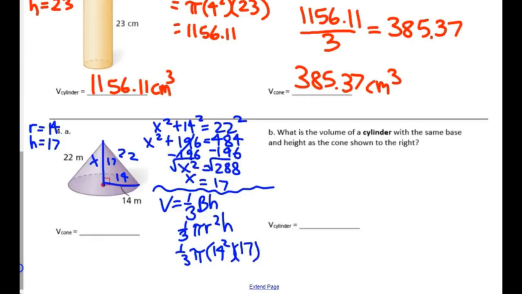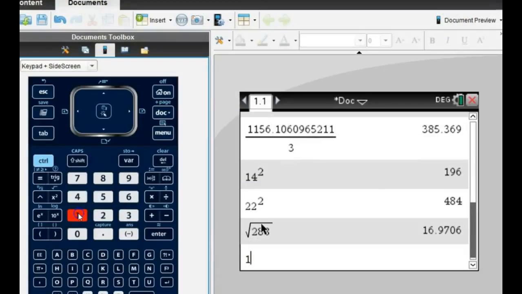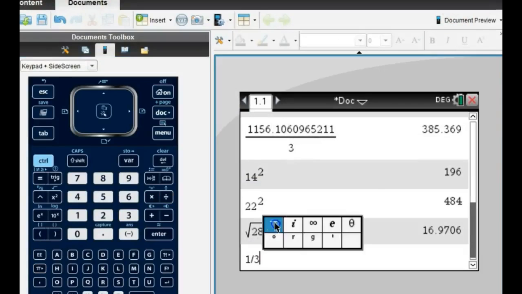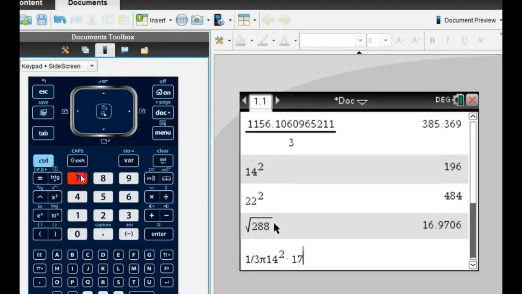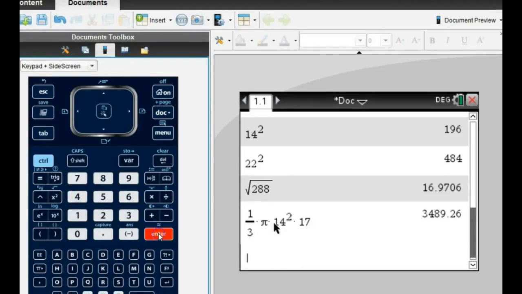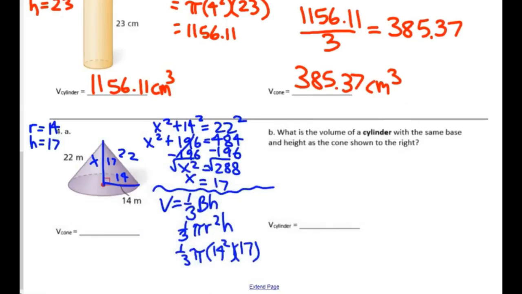Okay? We'll type it in, and we'll get our volume. So 1/3 pi 14 squared 17. I get 33,489.26. And my units are meters cubed. Right?